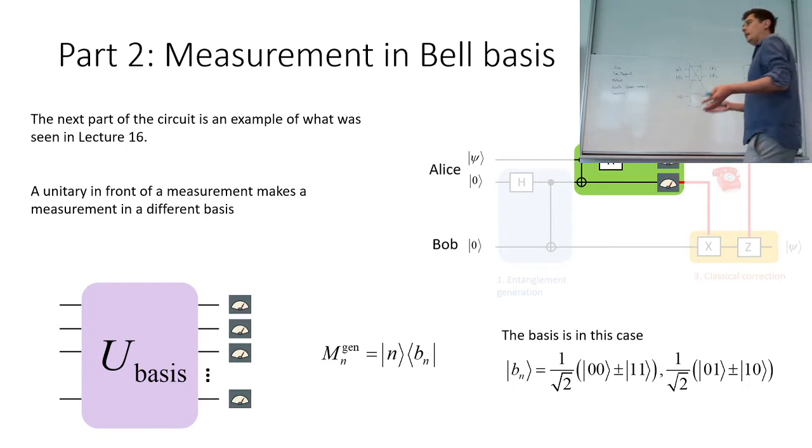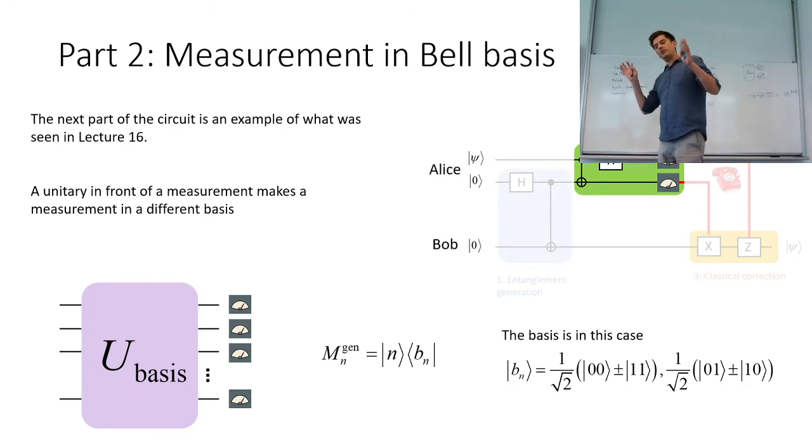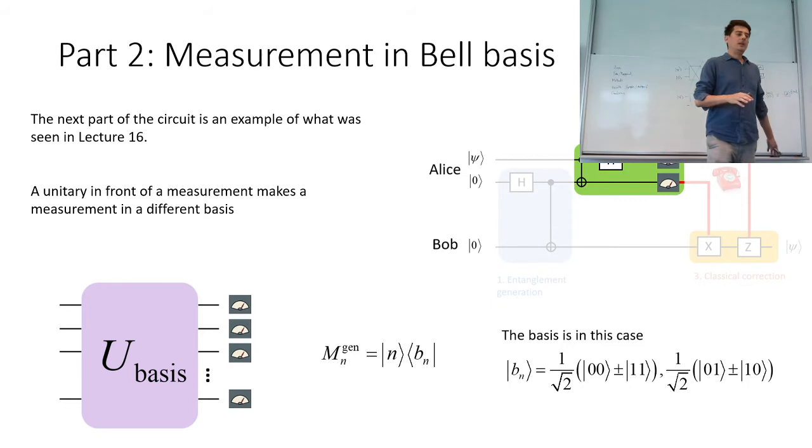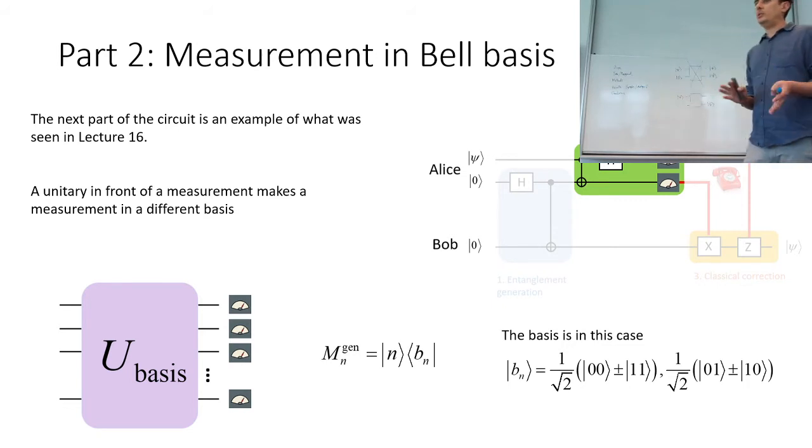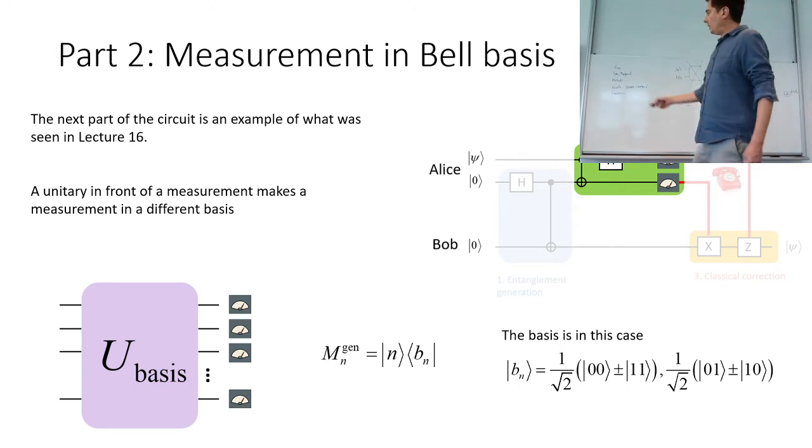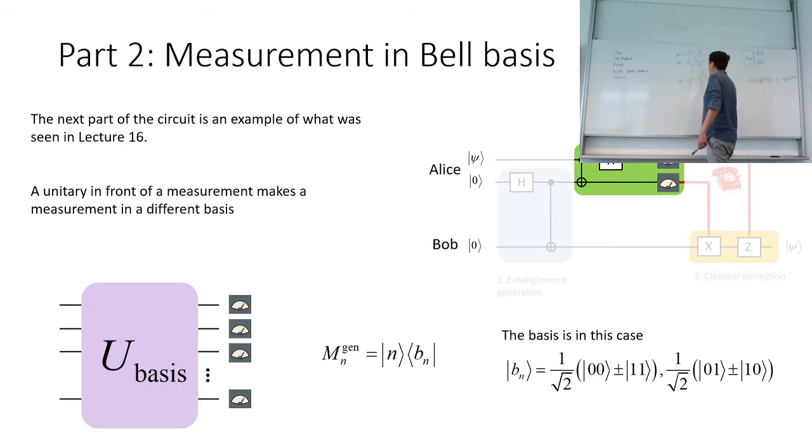But for two qubits, it's a bit hard to imagine, but it's also possible to measure in a basis that is itself entangled. This set of four states forms a basis because all four of them are orthogonal to each other. You can quickly test that out.